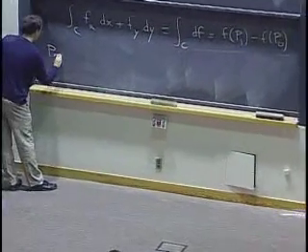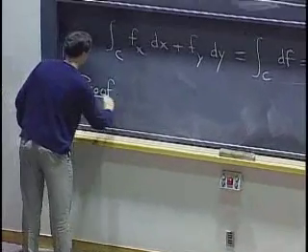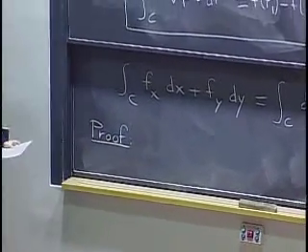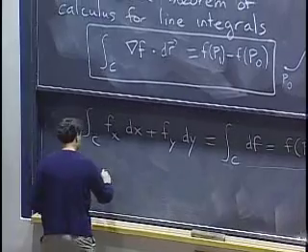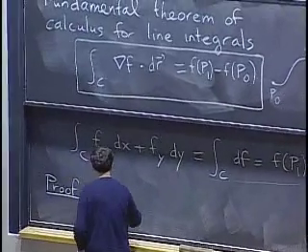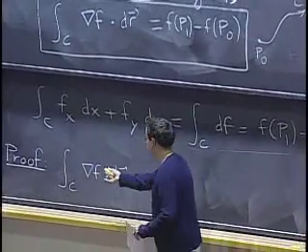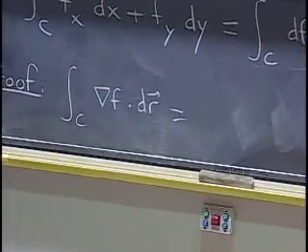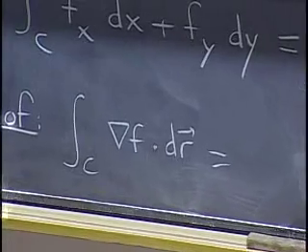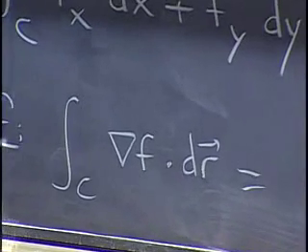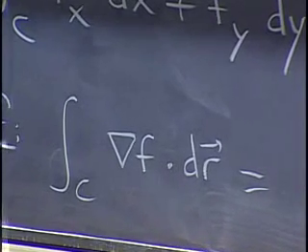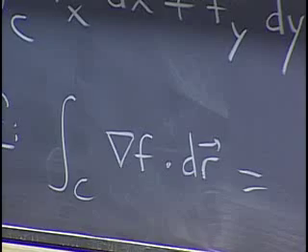So let's prove this theorem. How do we prove it? Well, let's say I give you a curve, and I ask you to compute this integral. How will you do that? Well, the way you compute the integral actually is by choosing a parameter and expressing everything in terms of that parameter.